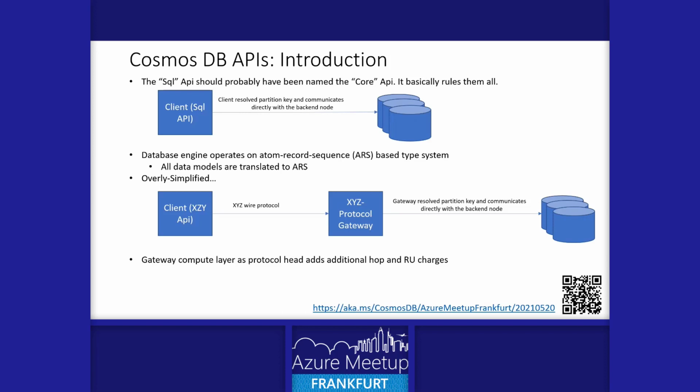So there are some pros and cons of this model where the Mongo and Cassandra or table and Gremlin abstractions are just compute endpoints that do the translations. It's important to understand it's not just a hosted native Mongo or Cassandra, but it can work in several scenarios. It's just something to take a look at.